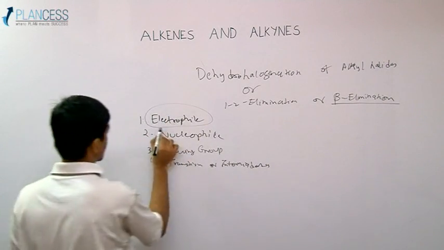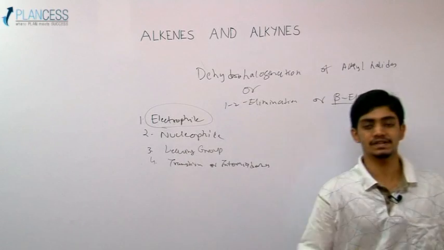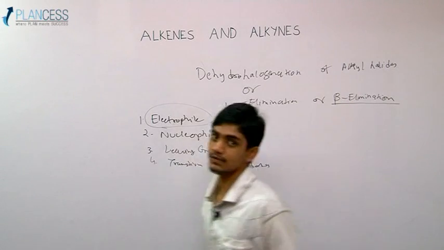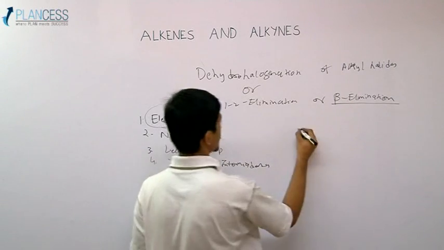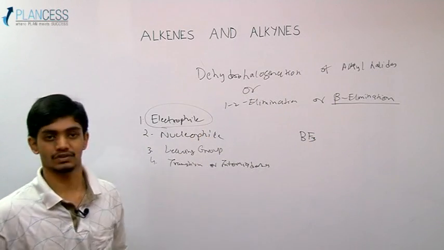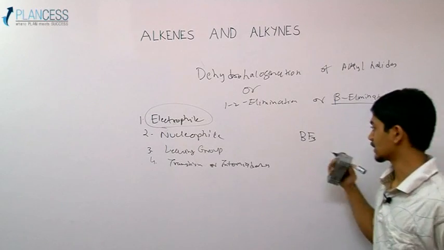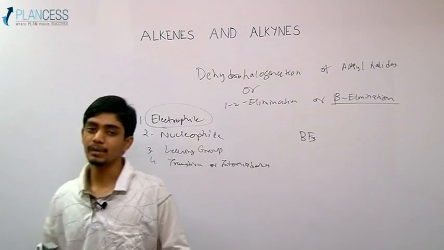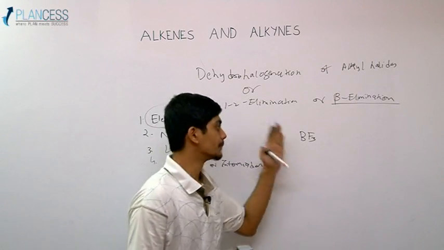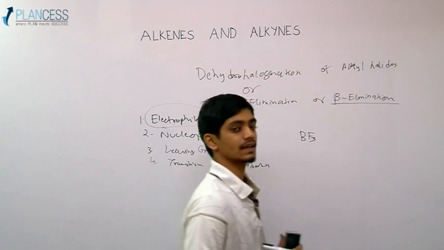Now first, what is an electrophile? An electrophile is a compound which is electron seeking, that is, it is deficient in electrons. For example, BF3. We know that boron has an empty p orbital, although not fully empty because the F is having back bonding, p pi bonding, but still the boron orbital is empty and it acts as an electrophile.